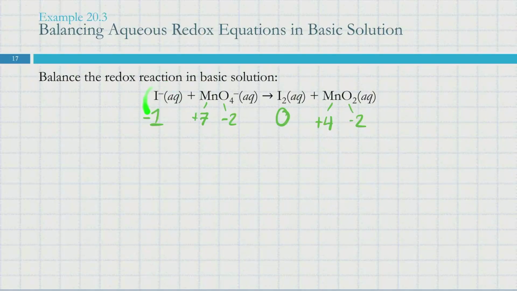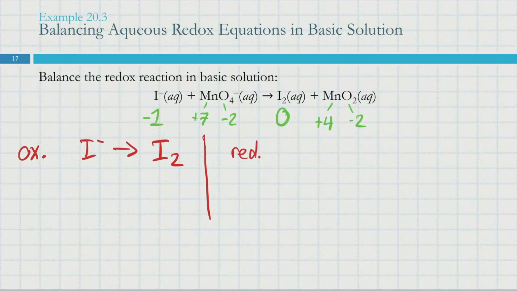Okay, so our iodine is going from -1 to 0, so that's actually increasing, so that's our oxidation half reaction. I- going to I2. And then our reduction half reaction is permanganate going to manganese 4 oxide.